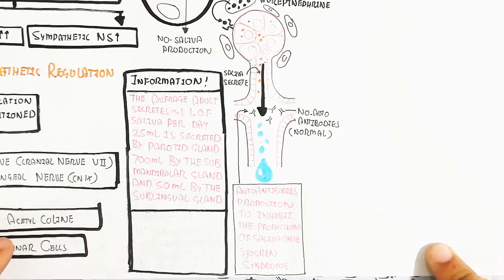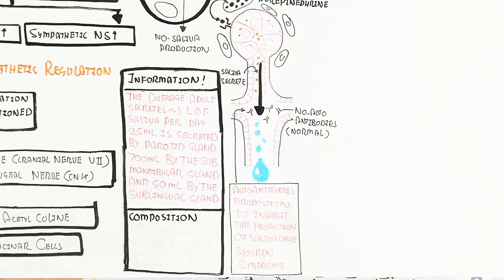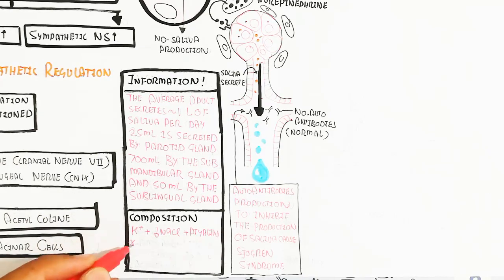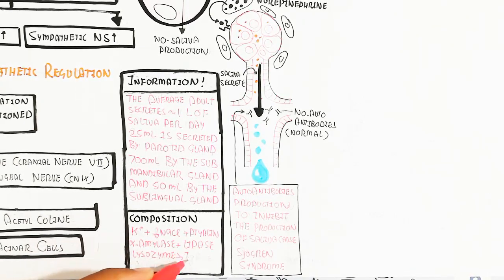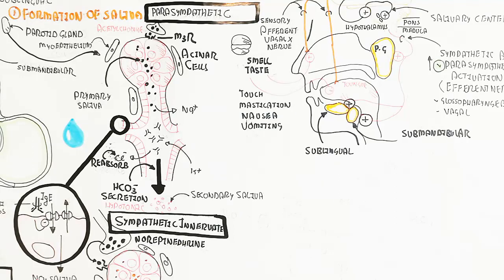Remember these things importantly. Composition of the saliva, again I am repeating: potassium, sodium chloride as salts, alpha amylase and lipase used for the digestion of amylose as well as lipid, lysozyme as an antibacterial enzyme, and IgA and lactoferrin.